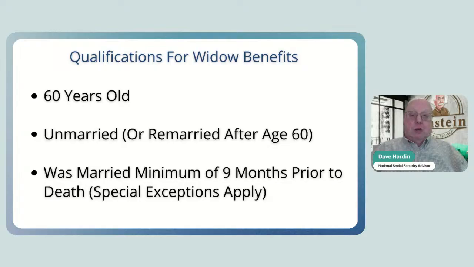Widows or widowers, by the way, unmarried prior to their 60th birthday. So if your spouse dies when they're 40 and you remarry even for a weekend before your 60th birthday, you no longer have those benefits. But if you remain unmarried and you marry the day after your 60th birthday, you still qualify.